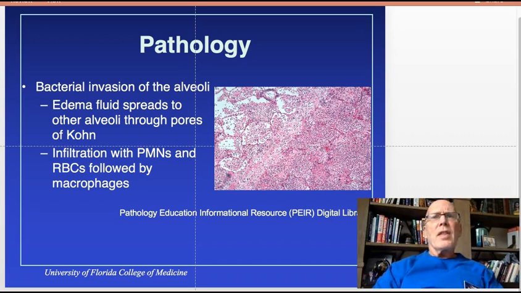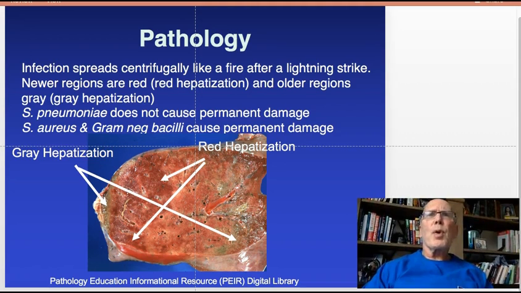When bacteria enter the alveoli, they induce production of edema fluid that spreads to other alveoli through the pores of Kohn. Neutrophils quickly arrive to ingest the pathogens, and often red cells also leak into the site. Later, as the infection begins to be controlled, macrophages enter the site. Infection spreads outwardly. Imagine a fire spreading after a lightning strike.